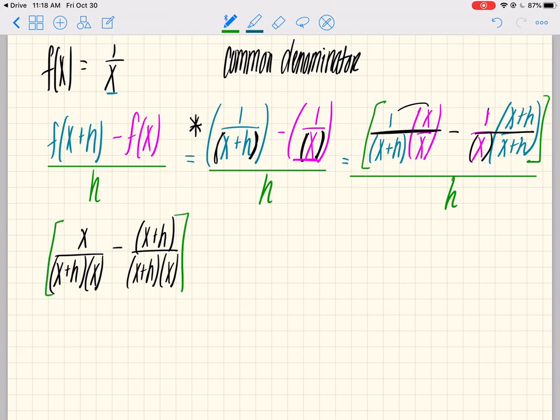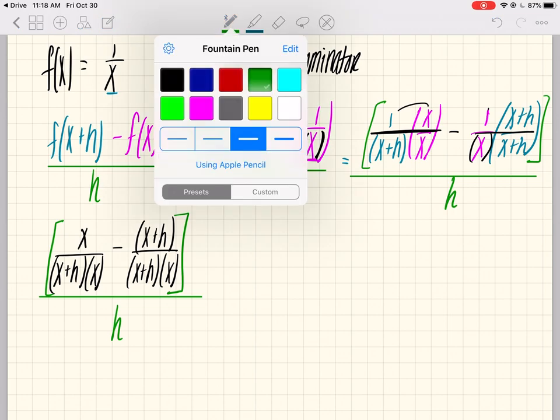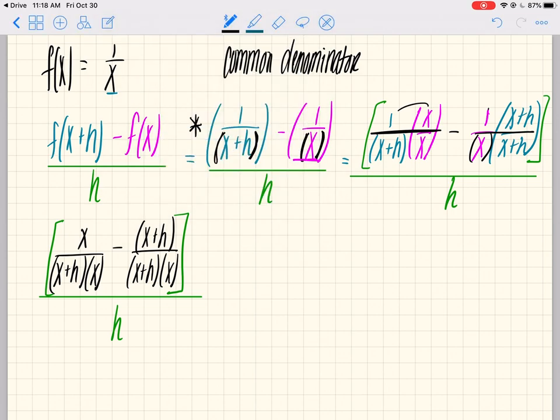I'm going to write that in brackets still, and that's still divided by h. Now that I have a common denominator, I can subtract, and I just subtract the numerators. So I take x, and I subtract this whole thing, x plus h, and that's why you have to keep it in parentheses, and that's divided by my common denominator, x plus h times x.